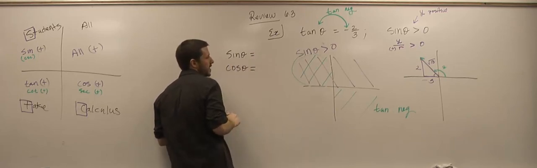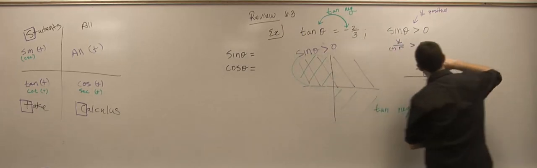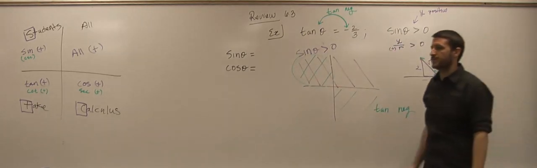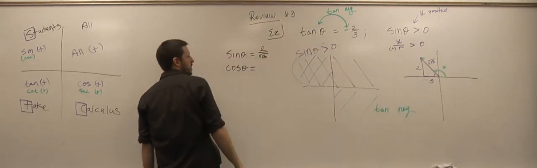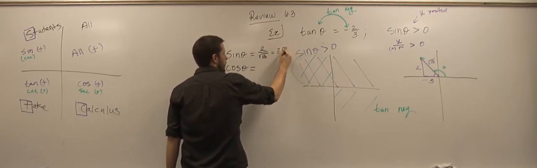Sine theta would be what here? So sine theta is opposite over hypotenuse, or y over r, so 2 over root 13. Then you rationalize by multiplying by root 13 over root 13, and you get 2 root 13 over 13.